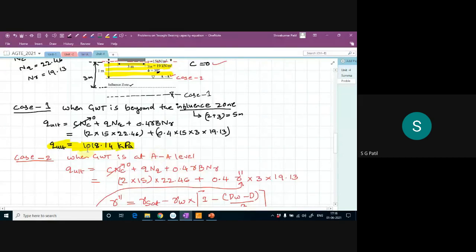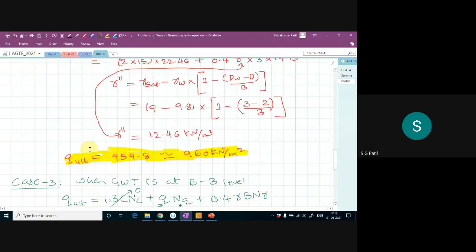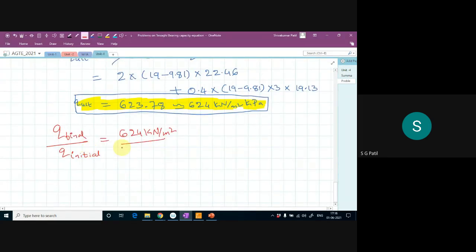And initially, without any water table, I was getting 1018 kilonewton per meter square.